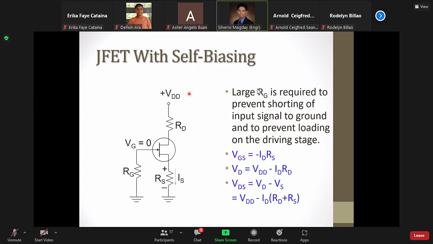As your VDS, drain to your source, so dito lang your VD minus now your VS. So your VS is calculated also ISRS, ID times your RD plus your RS. Since we have done yung sa VD, so your VDD minus that IDRD.